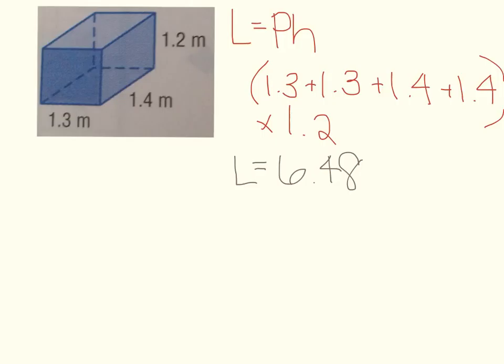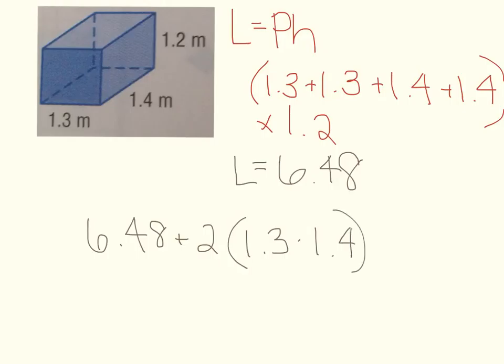6.48. Now to find the surface area, you're going to add 6.48 to 2 times the area of the base, which is 1.3 times 1.4.